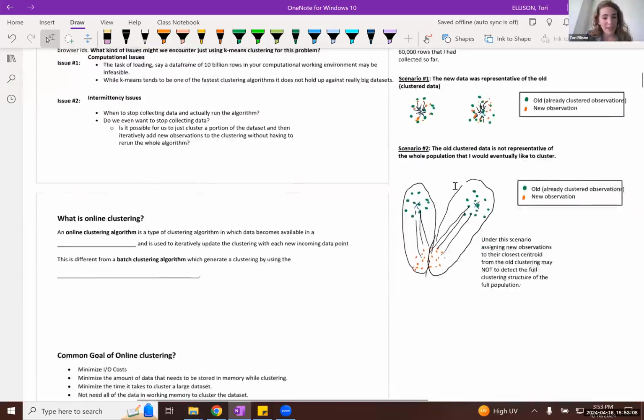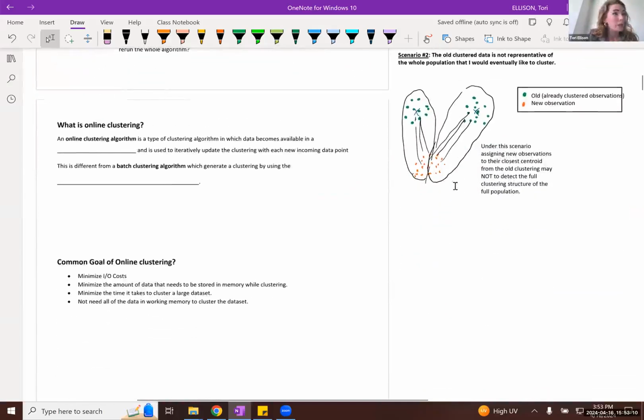So these techniques that we're going to be introducing, Birch in this unit and mini batch k-means in the next unit, are two types of what we call online clustering algorithms. So these are clustering algorithms in which the data becomes available in a sequential order and is used to iteratively update the clustering with each new incoming data point. Clustering algorithms of this nature are going to be much more beneficial for this situation here.